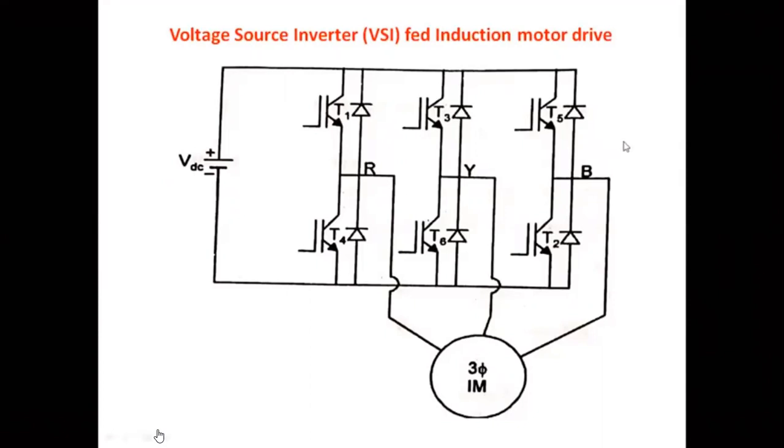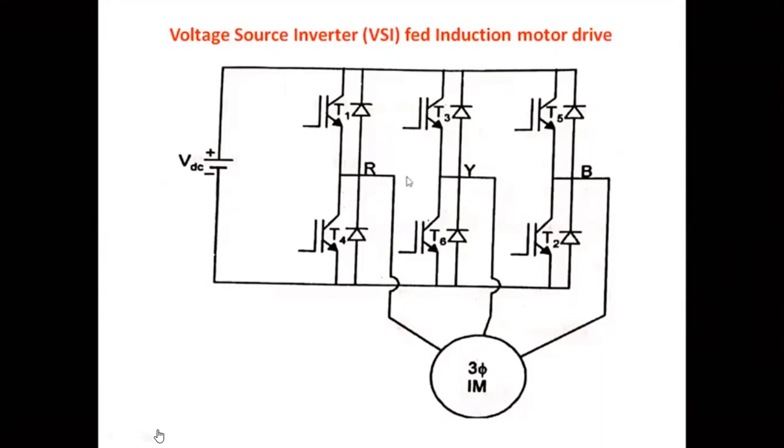These ways of operation depend upon the type of pulses we provide to the switching devices. What type of pulse am I providing? Either pulse width modulated pulse generation or constant firing angle pulse generation.